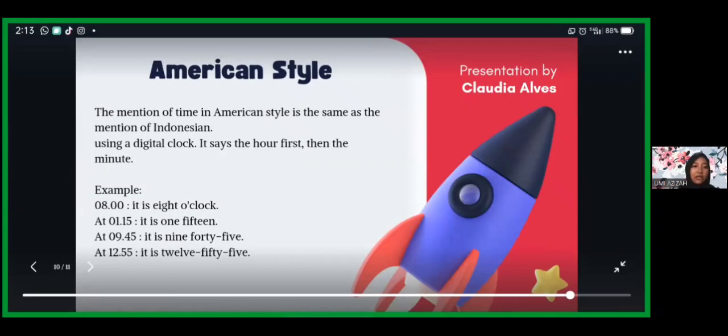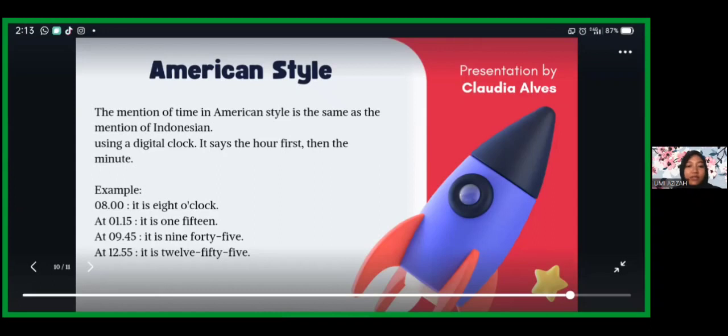Using a digital clock, it says the hour first, then the minute. Example, it is 8 o'clock, and then at 1:15, just like a digital clock. Okay, it is 1:15. Next it is 9:45. At 12:55, it is 12:55 like that.